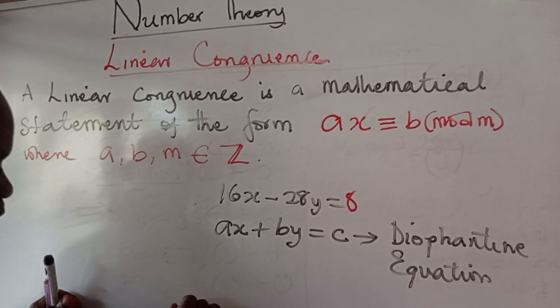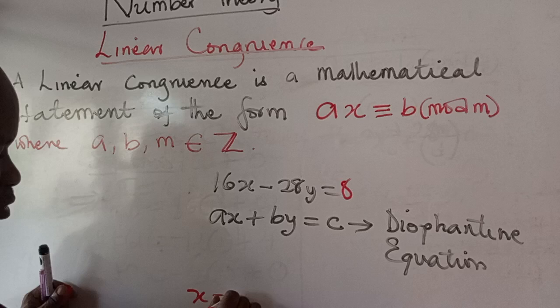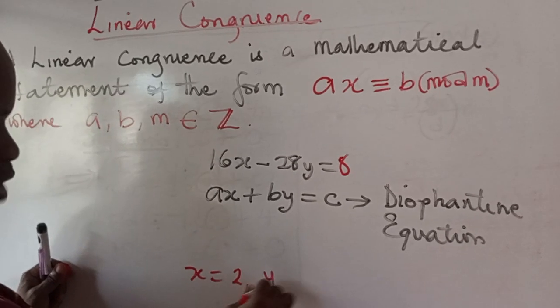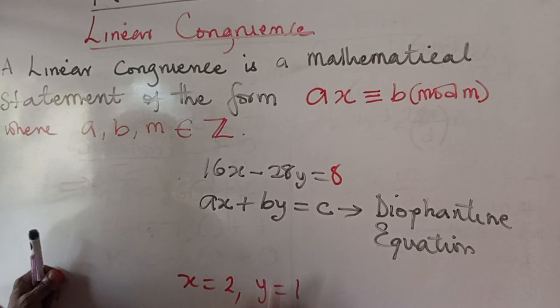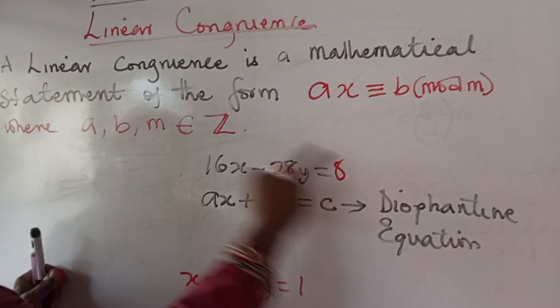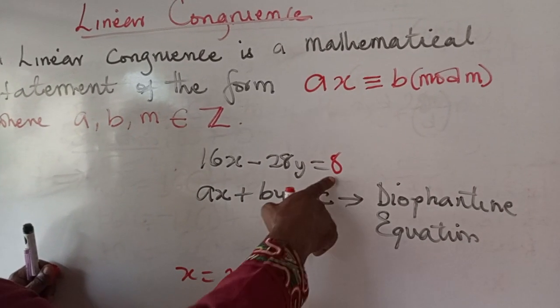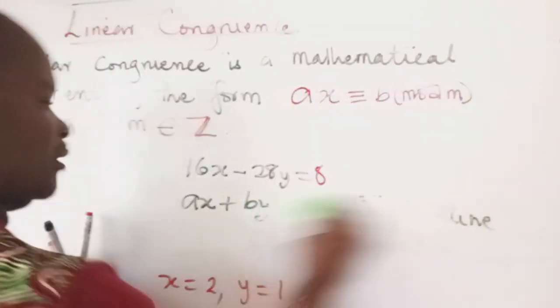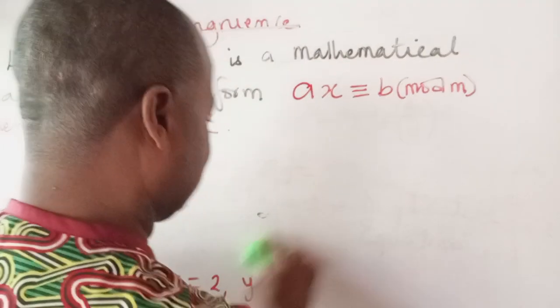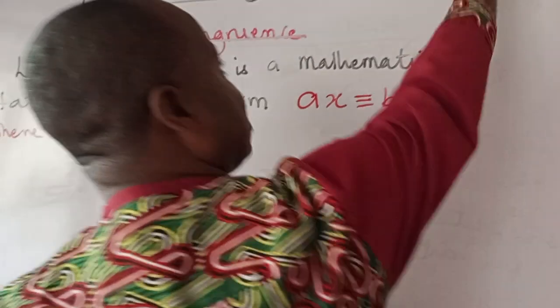We found that x is equal to 2 and y is equal to 1. If you plug this in, it will not give us 8, but if we multiply through by 2, we can actually have 8. So that's what we learned in our last class, how to solve Diophantine equations using Euclid's algorithm and Bezout's identity.